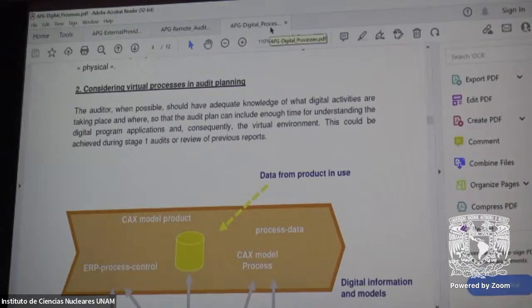De hecho, las normas de calidad de software son de las que más hay en el mundo. El comité JTC1 que maneja toda esta parte de la ISO tiene cientos de normas, precisamente por todos estos problemas que hay.